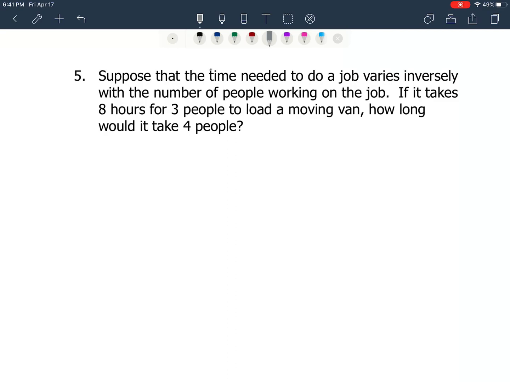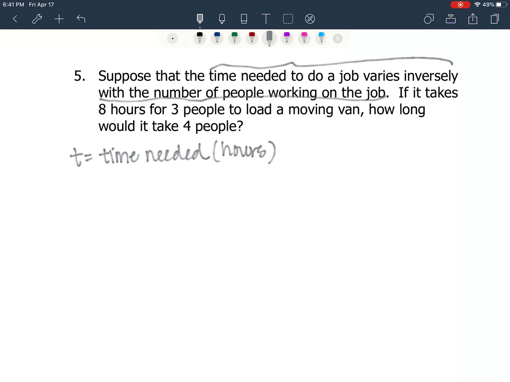So the time needed to do a job varies inversely with the number of people working on the job. So T is going to equal time needed, and that time is going to be in hours. And it's going to vary inversely with the number of people.